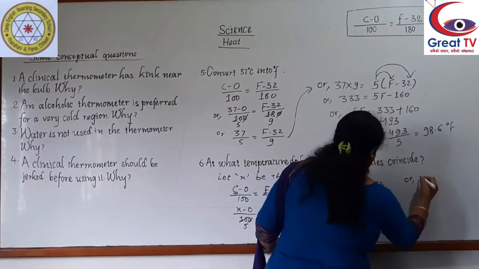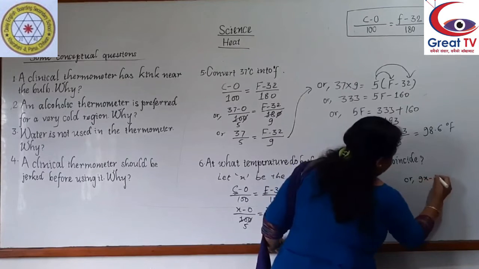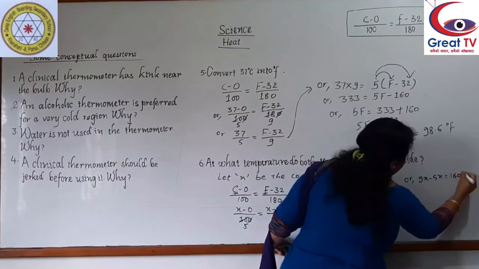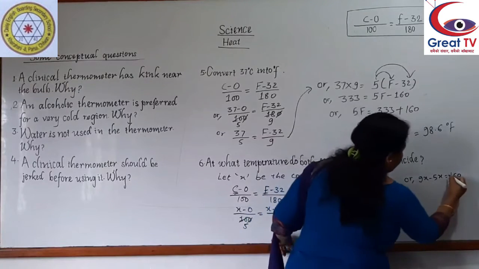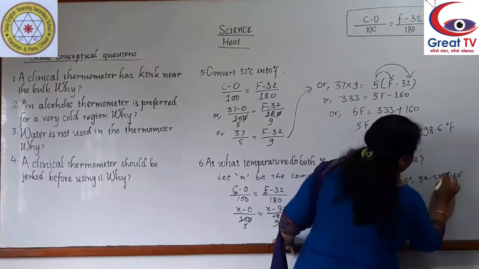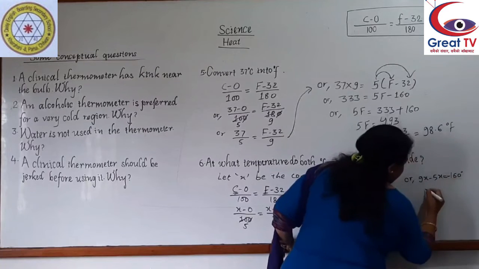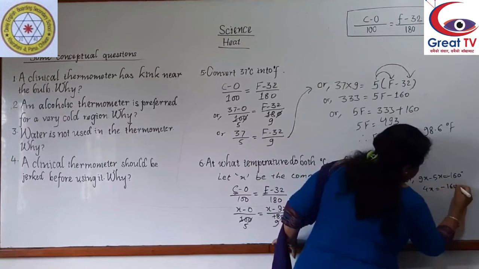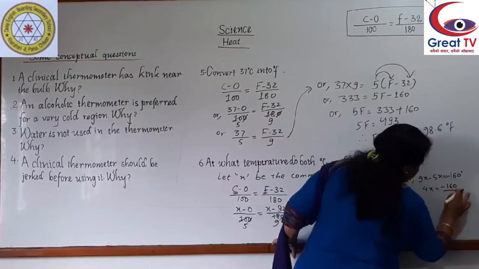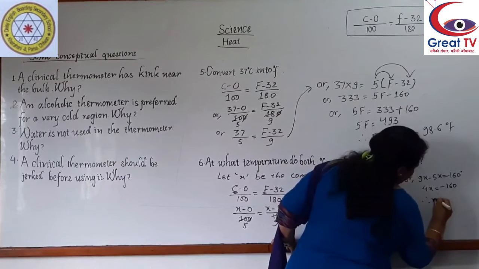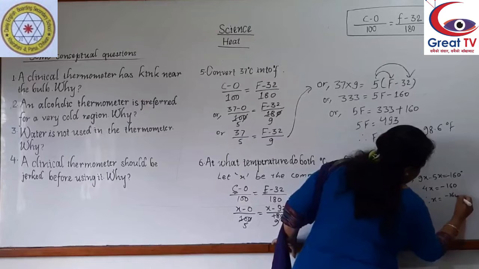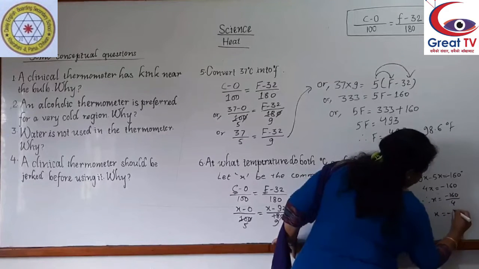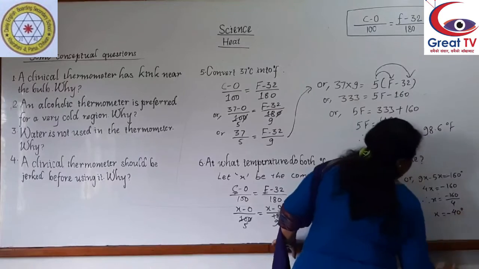Or 9x minus 5x is equal to minus 160 degrees. 4x is equal to minus 160 degrees. So x is equal to minus 160 divided by 4. x is equal to minus 40 degrees.